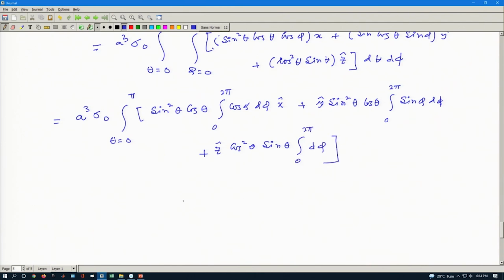Okay, that is the total integration, and over that I have d theta.